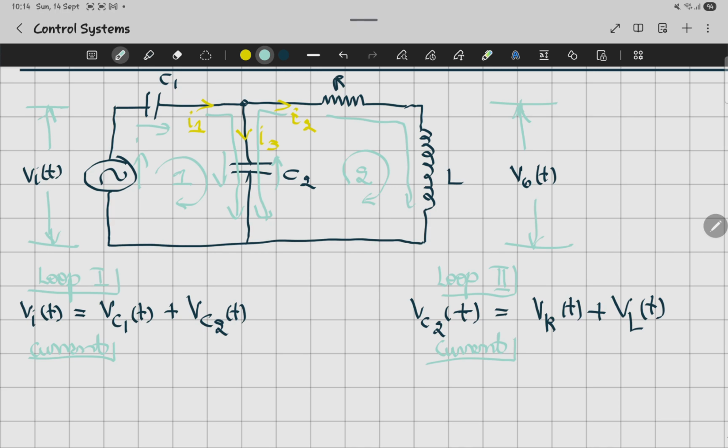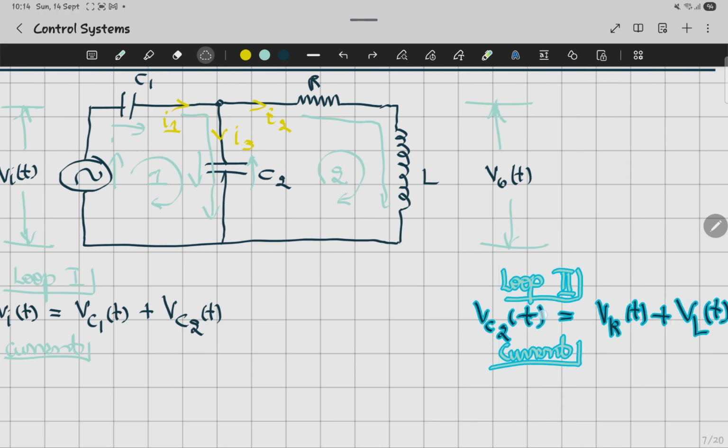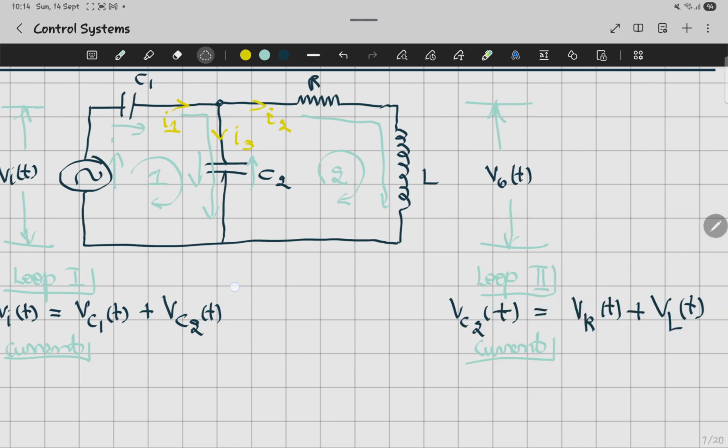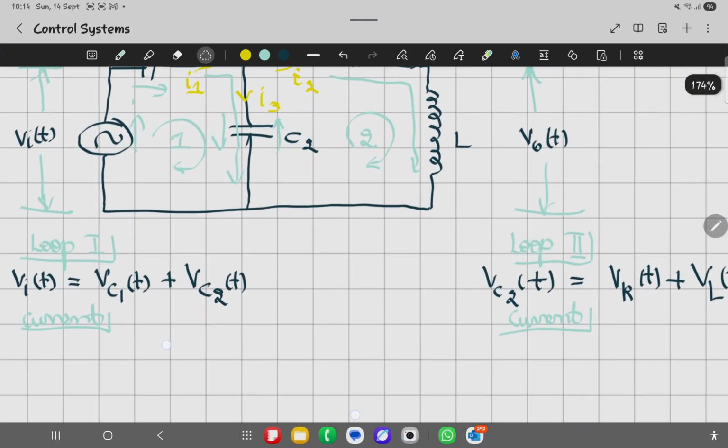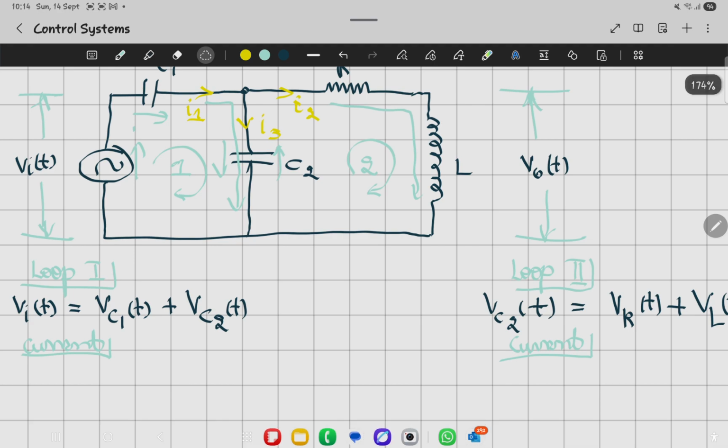Okay, so before we get to that, let's first get the answer of the current on its own. I'm just going to make it clear, so that we can see.